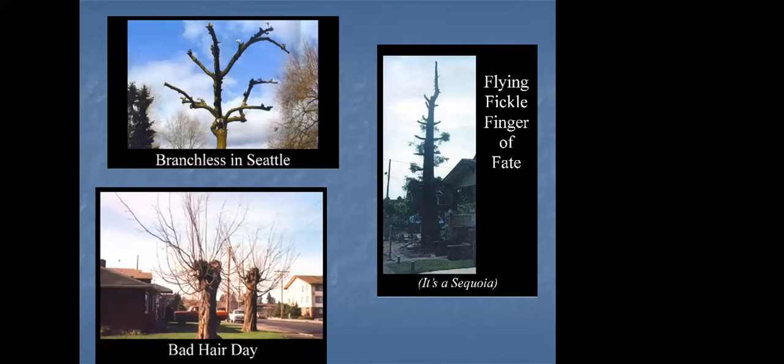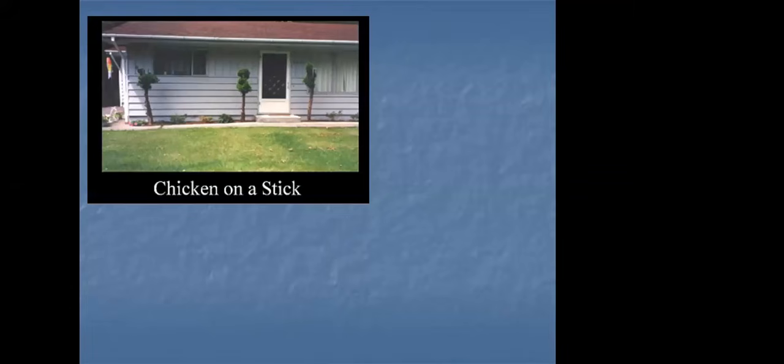Bad hair day. This is where you just had indiscriminate topping. And so sometimes when you do something like that, you'll get that flush of growth, but then what you're creating is weak-wooded, fast-growing branches that are not going to be strong. They're not going to have the right branch angle for longevity of the plant.